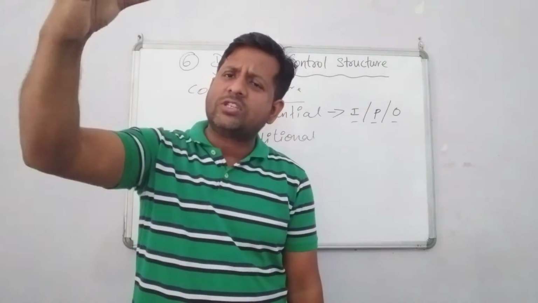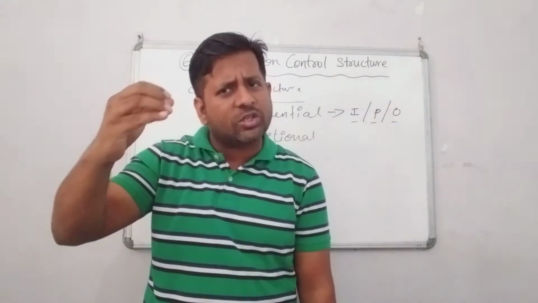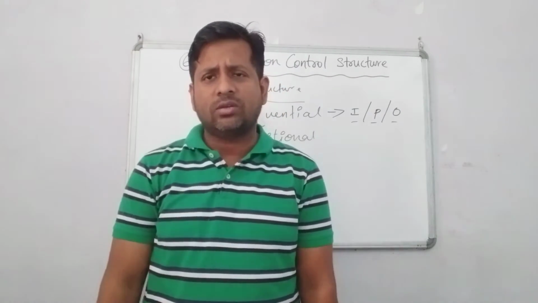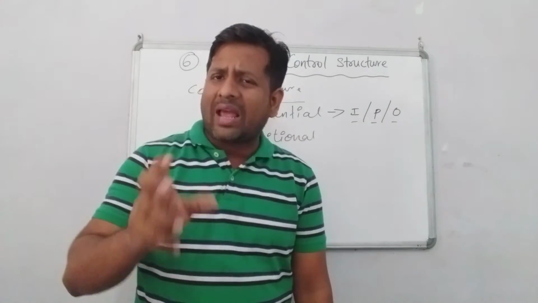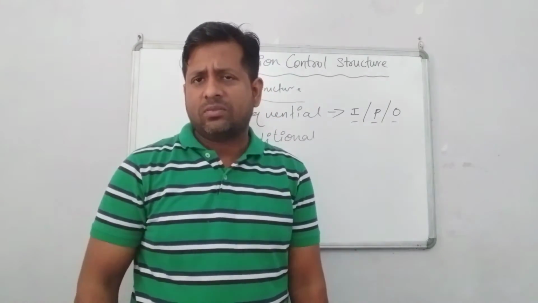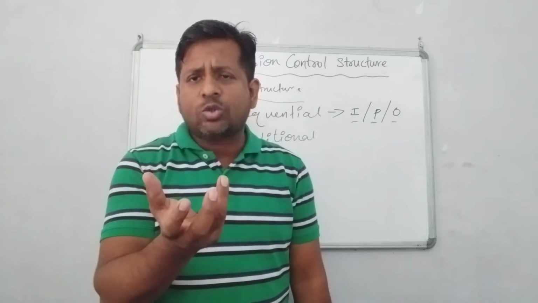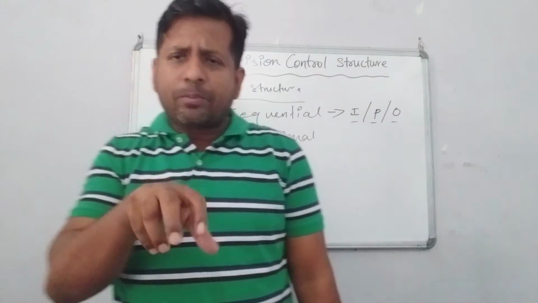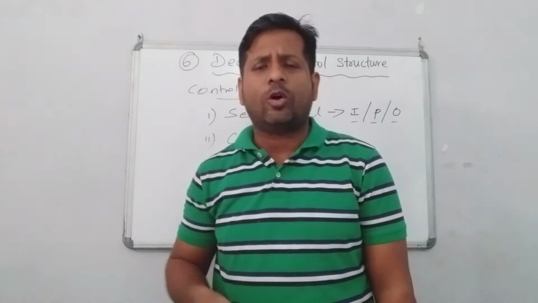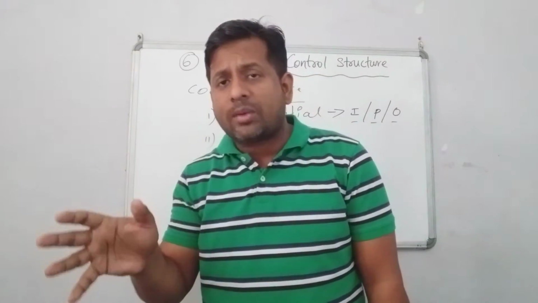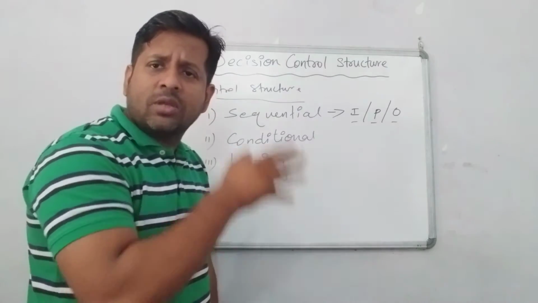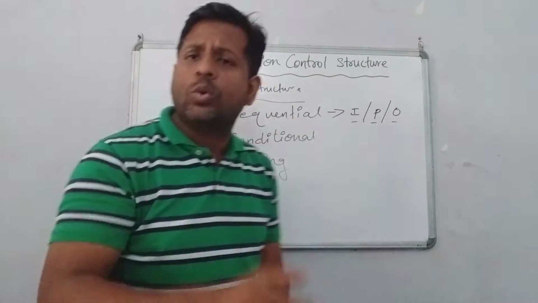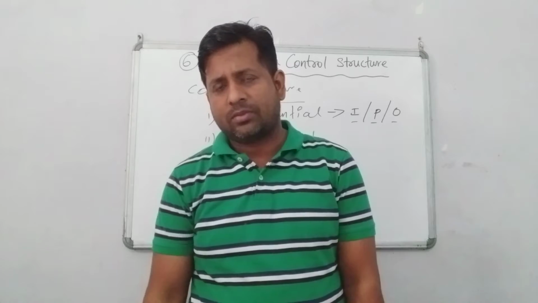First we ask for input, then we process or execute, then finally we get the output. A simple program like addition of two numbers or calculating the area of a rectangle, where we just ask some value from the user, process on that and finally display the output, is known as sequential control structure.